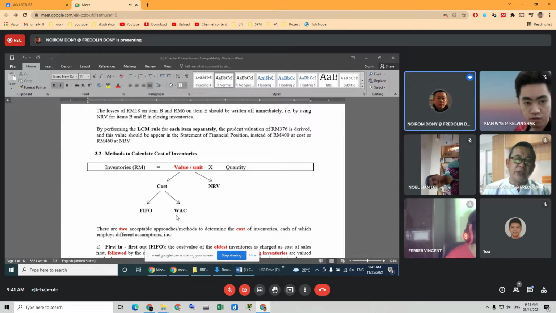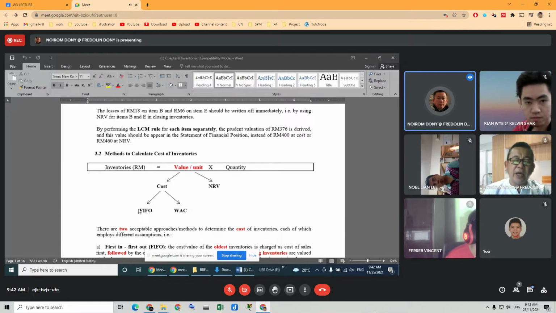So these are the main things that we are learning today: how to do the first in, first out, and how to do the weighted average cost. Once we select, this depends on the policy of the company.